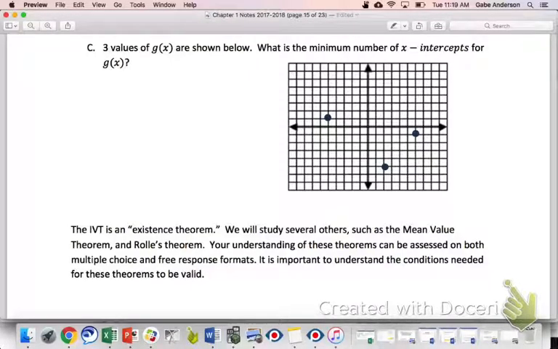Down below you can kind of see the little paragraph briefly goes over the thing that we talked about at the start: the IVT is not about finding what the answer is necessarily. It's about finding, does the answer exist? And if so, how many could there be? That kind of thing. So we have a couple of others we'll talk about this year, but the IVT is the one we're doing right now.